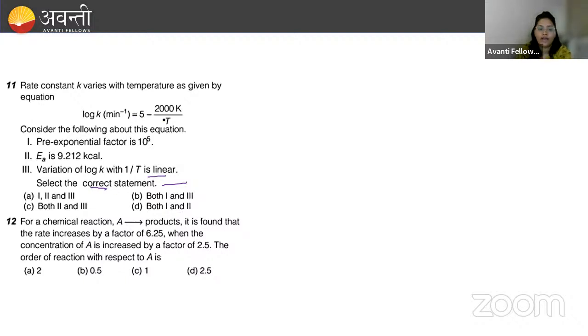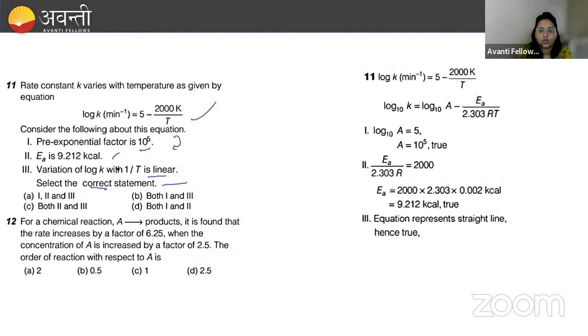So here we have been given the equation. From this equation we have certain statements, and which statements are true? Pre-exponential factor here is 10 raised to 5. Ea is 9.212 kilocalorie. Variation of log k with 1 by T will be linear. So here you can see I have written the equation. So log k is equal to log A minus Ea by 2.303 RT.